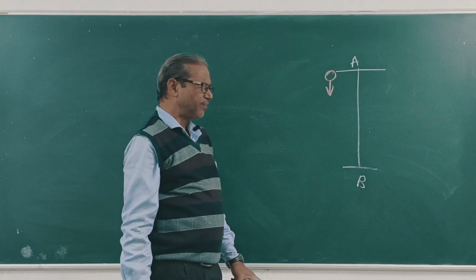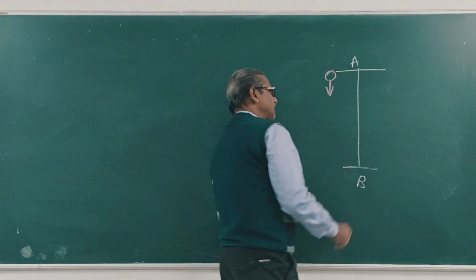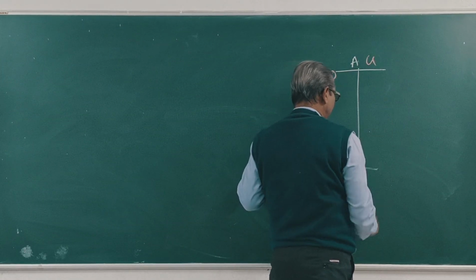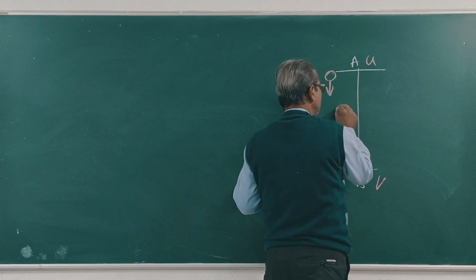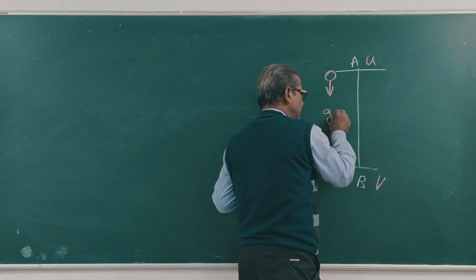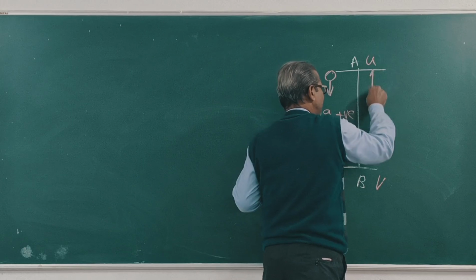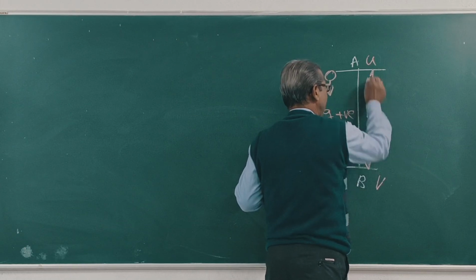At A, its velocity is u, at B, its velocity is v. The body falls downwards, so g is positive. Height h.